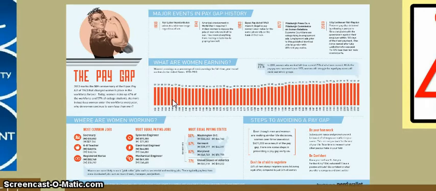So women's work was seen as less important than men's work. And what we still see even today, even when men and women have the exact same job, as both are doctors or both belong to the same field, there's still this gap. So women tend to get paid less than men.